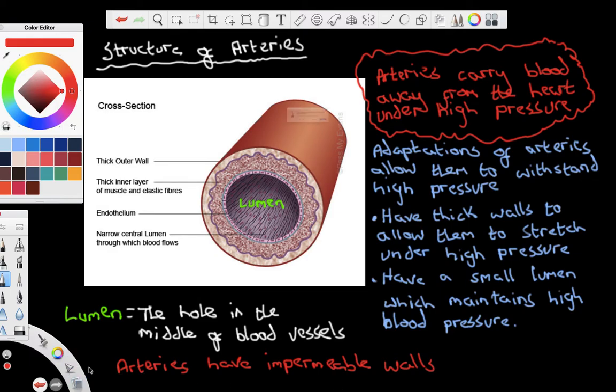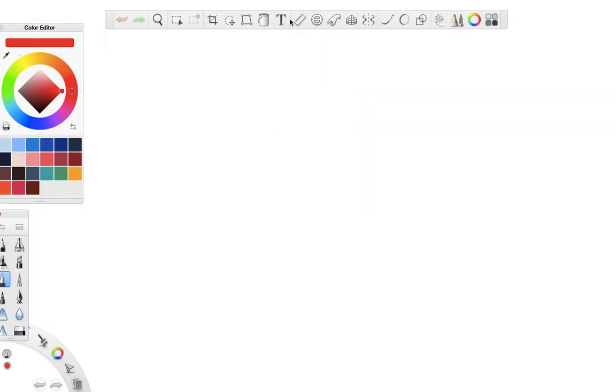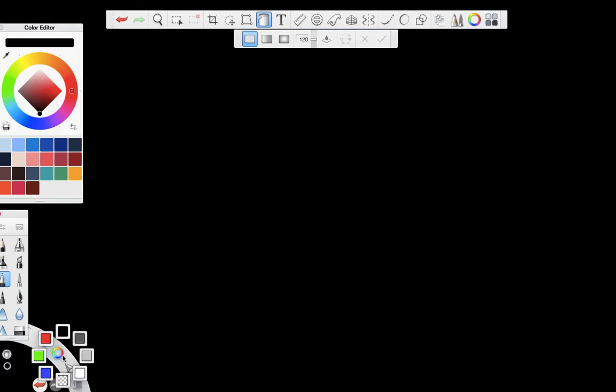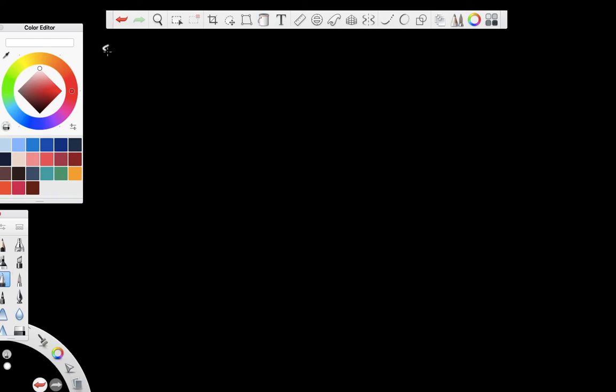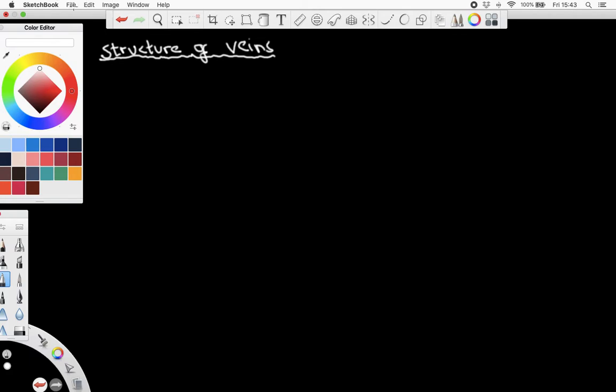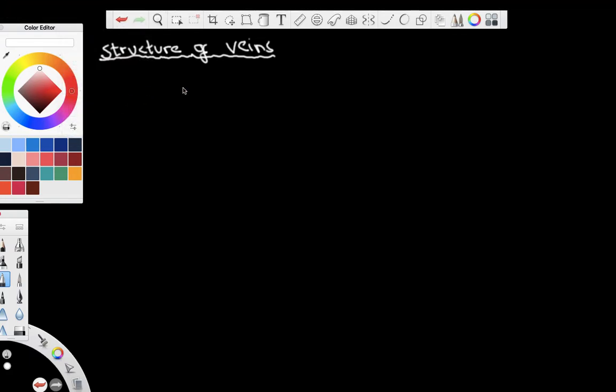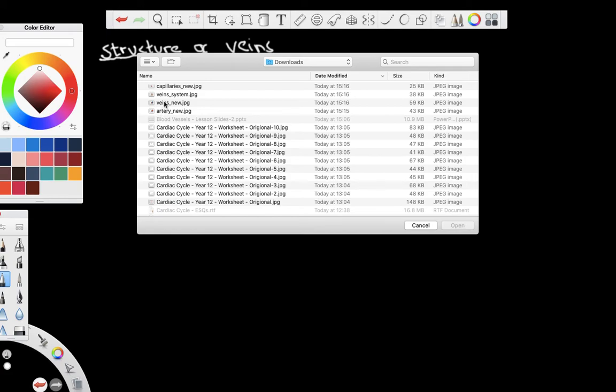So if we start having a look at veins now, if we refresh our screen, we can put the subheading structure of veins. For this one I've got two images I want to add. So add image, downloads, veins.